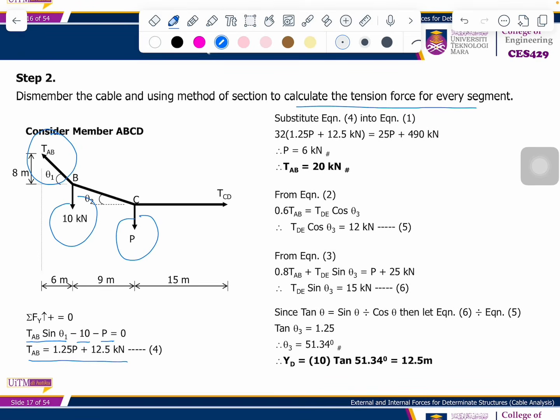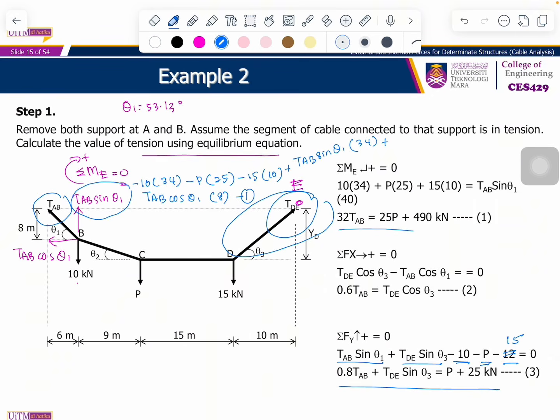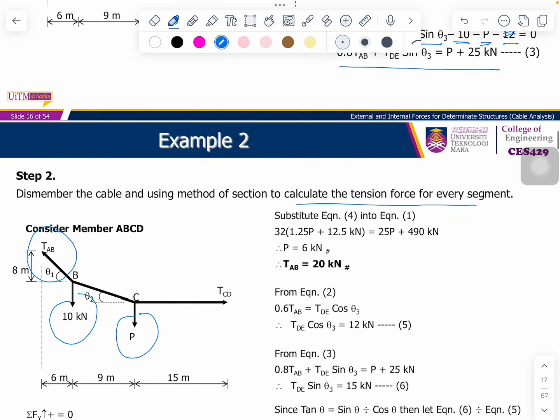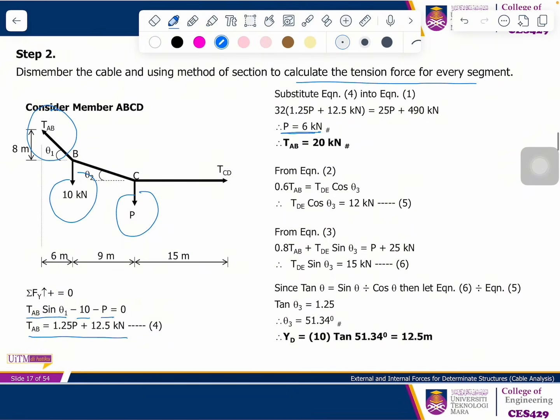And then substitute this equation into equation 1. Equation 1 is 32 TAB equals 25P plus 490 kilonewton. You put the value of TAB into that equation, and finally you get P is 6 kilonewton. After you get P equal to 6 kilonewton, you put this value into equation 4 so that you can determine TAB, the tension for segment AB.